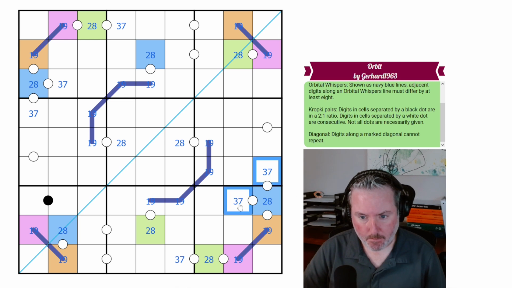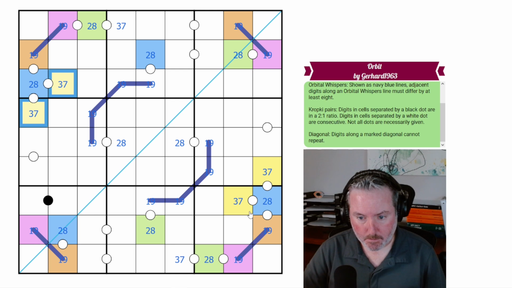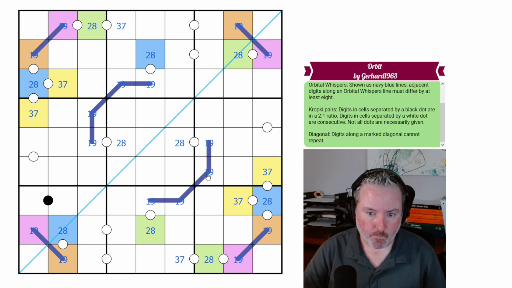We know that these are going to be the same digit, so let's continue coloring and see if we get anywhere with this. These have to be the same yellow color because these are the same, so therefore these must be the same. Whatever this is, it's just the same combination of digits.